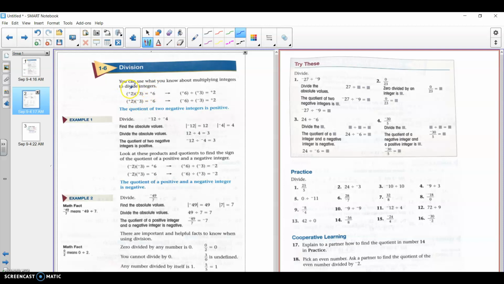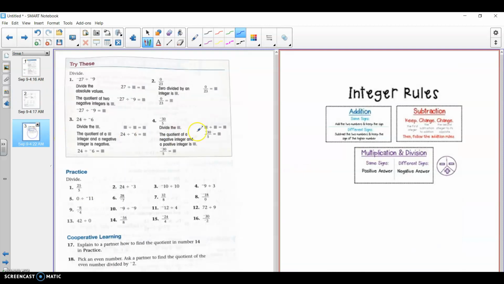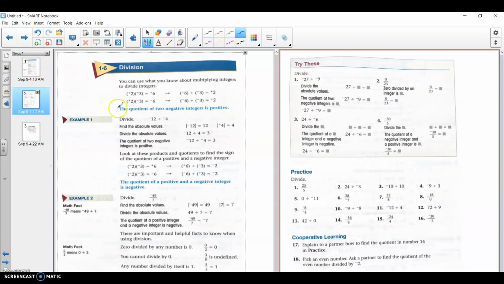So over here, the example they gave you was a positive 2 times a positive 3, and that's going to give you a positive 6 because according to our rules on multiplication, if it's the same sign, it's going to be a positive answer. So over here now, what they're trying to show you is that if you have two positives, but you're dividing, you're still going to end up with a positive answer.